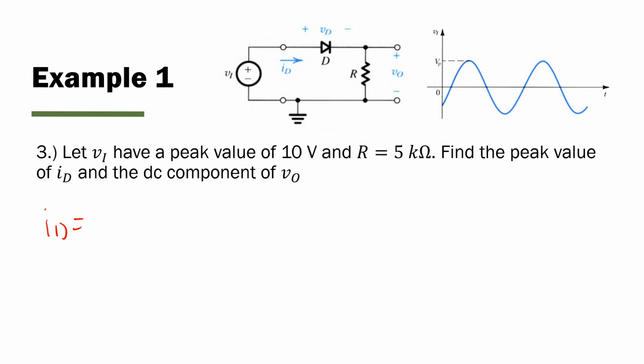Naturally, this will be when Vi is at its peak value. So 10 volts and 5 kiloohms here. So we can just do some nodal analysis, right? Since V is equal to I times R, I is equal to V divided by R. So I is equal to 10 volts divided by 5 kiloohms, which is equal to 2 milliamps.